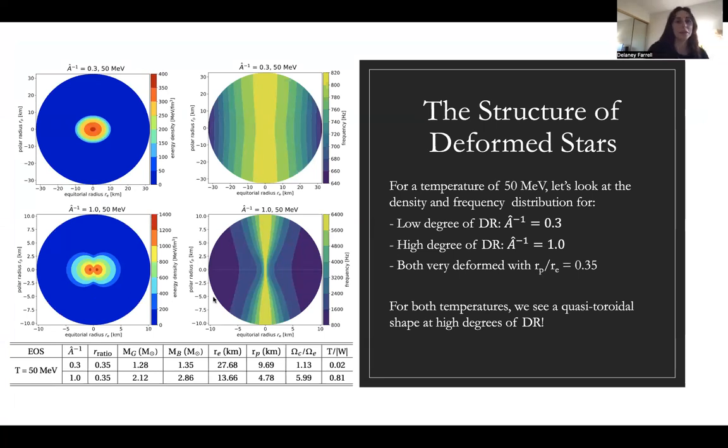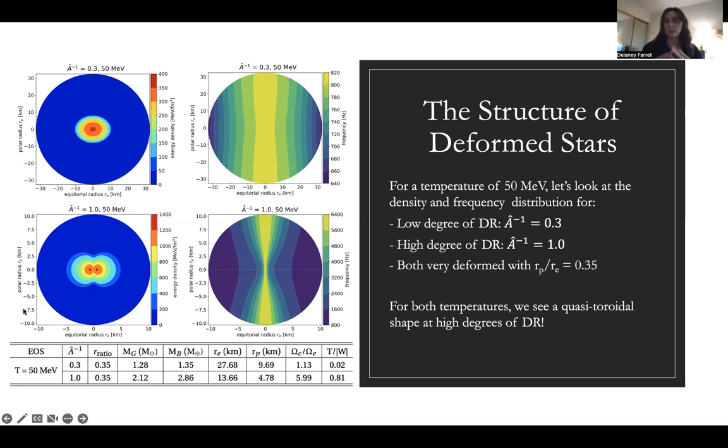And then the plots in the right column show, for the same stars, the frequency distribution within the star. The top row has a lesser degree of differential rotation characterized by this parameter A hat inverse set to 0.3. And the bottom row has a higher degree of differential rotation.